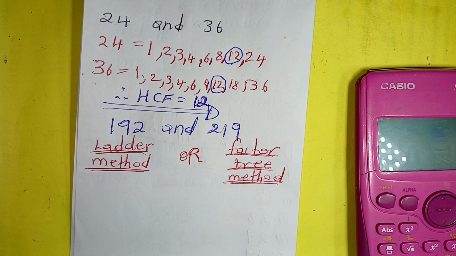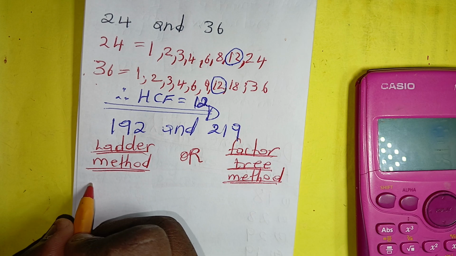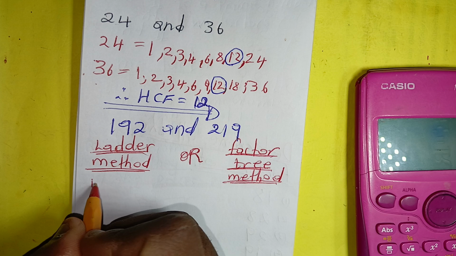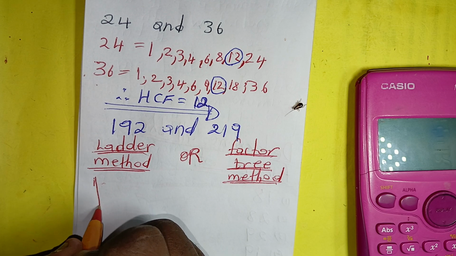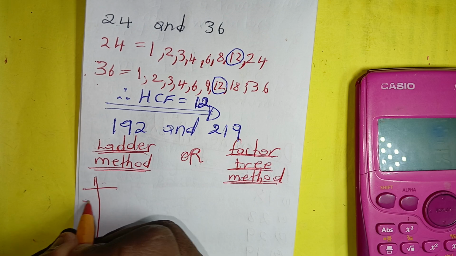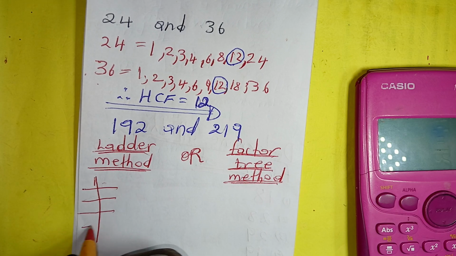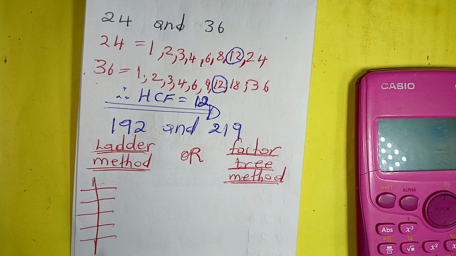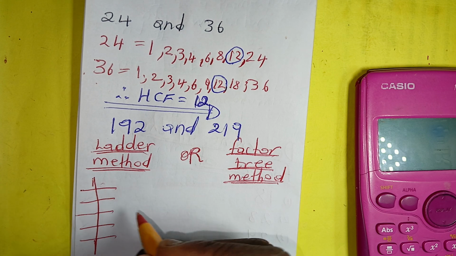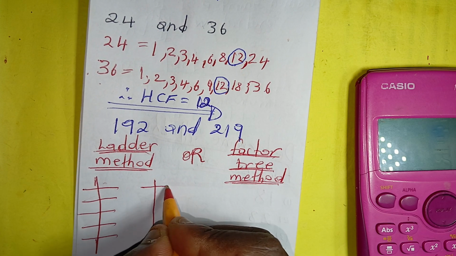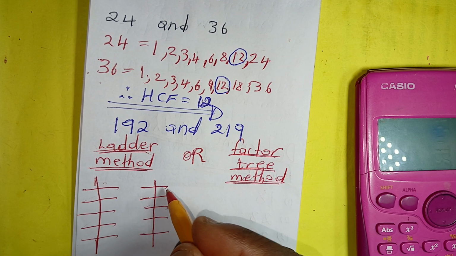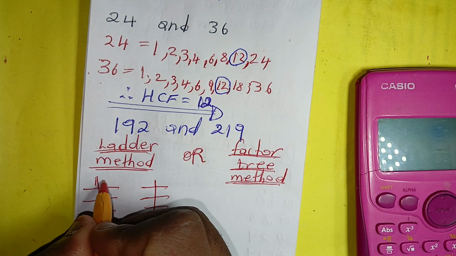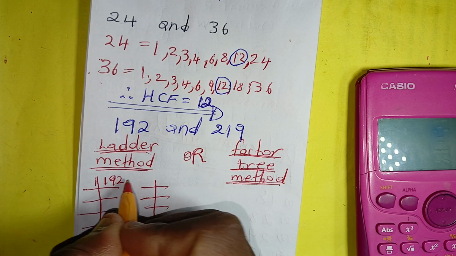So a ladder method, guys, is whereby we just divide this thing like this. We do something like a table. These things are ladder. Just do something like this, like a table. Then on your right hand side, you'll write this number.